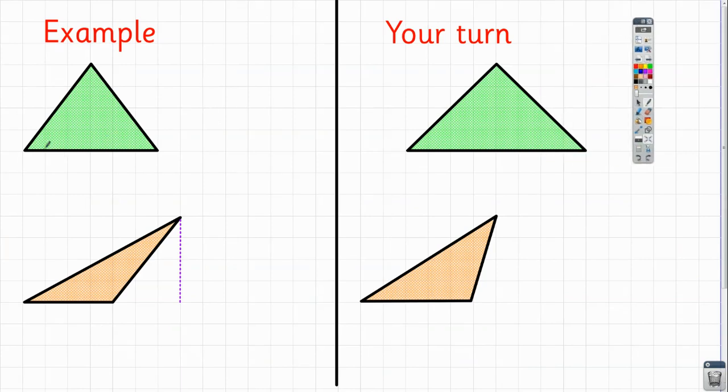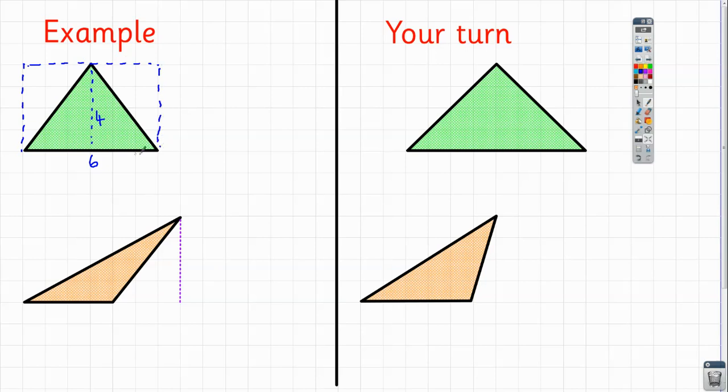So this triangle here, 1, 2, 3, 4, 5, 6 centimetres across and 1, 2, 3, 4 tall. We're interested in the height of the triangle, not the length of the sloping sides. Remember, that triangle is sitting inside a rectangle.